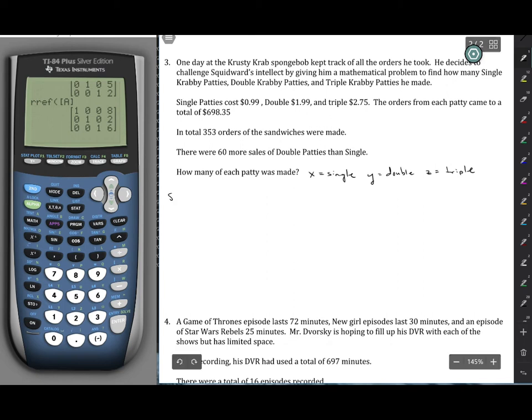So back in the day, we would set up an equation for the money. So I know that 0.99x plus 1.99y plus 2.75z has to equal the 698.35.